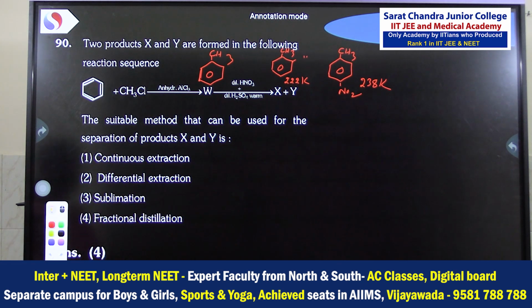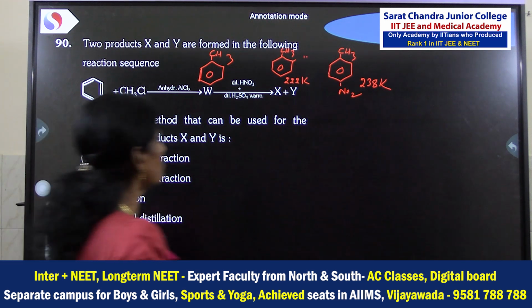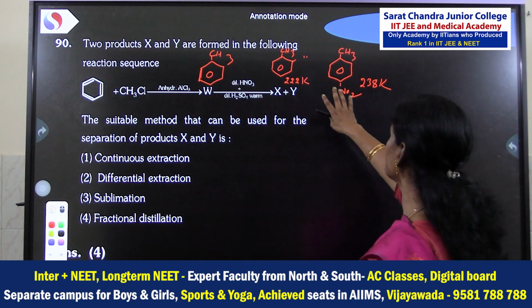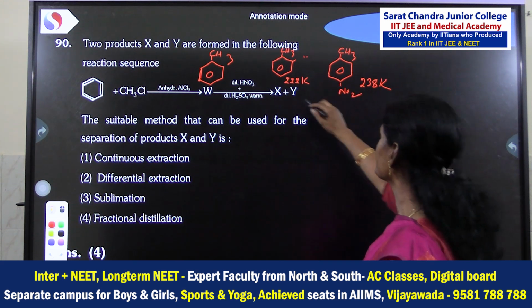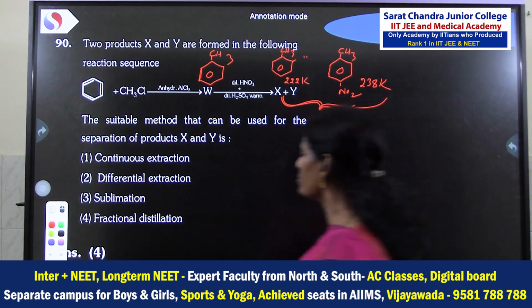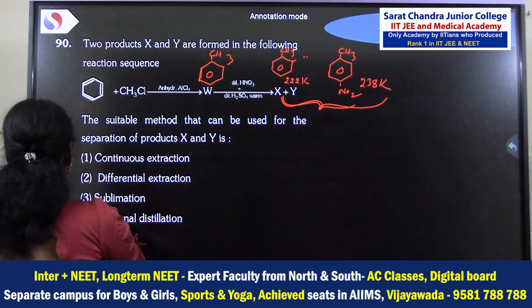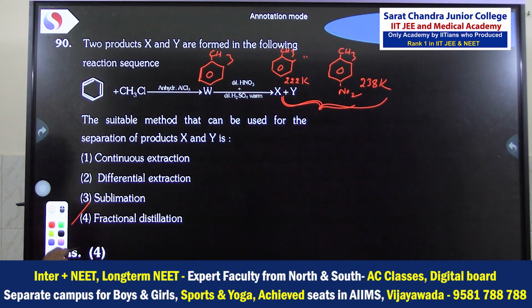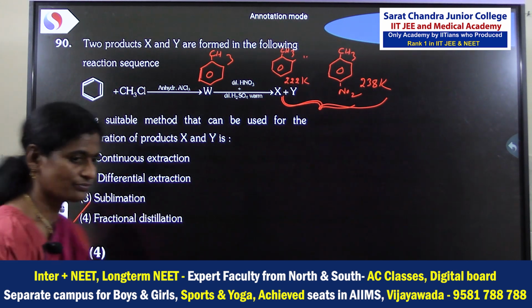The sublimation technique is used for the separation of solid volatile compounds from non-volatile impurities, where the compound is directly converted into vapor form. Whereas fractional distillation is used for the separation of two compounds having close boiling points. So these two compounds are separated by fractional distillation. So the fourth option is correct.